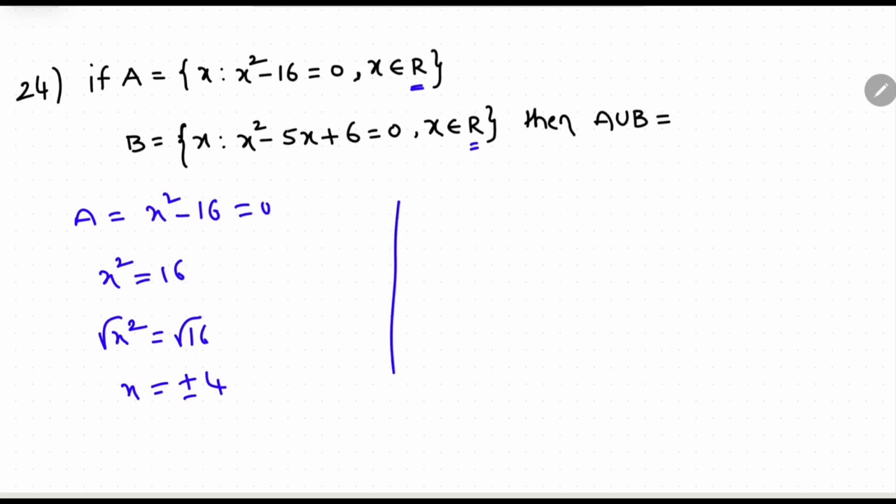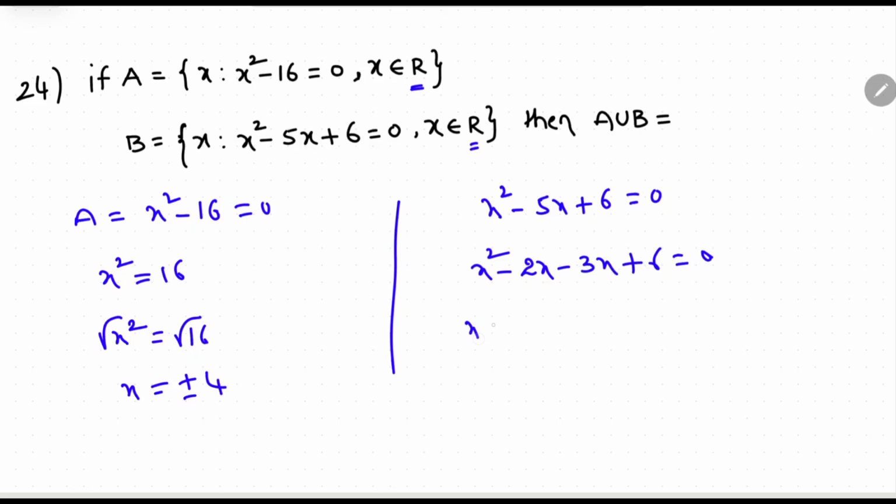Here x power 2 minus 5x plus 6 is equal to 0. By factorization, on multiplication we have to get 6, on addition we have to get minus 5. So x power 2 minus 2x minus 3x plus 6 equals 0.